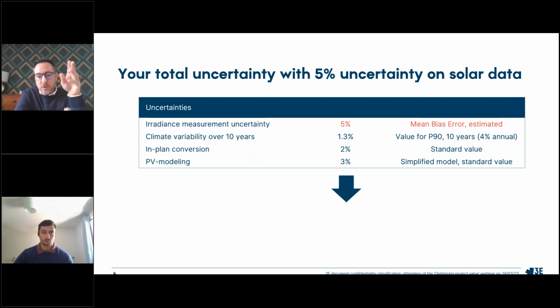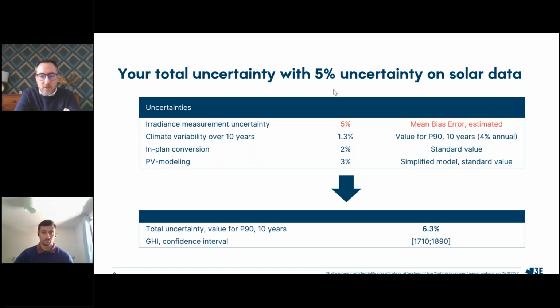Now, you have 4 categories of uncertainty, and because each uncertainty is independent of the others, you can group them using a root mean square formula, and obtain a global uncertainty on your project.